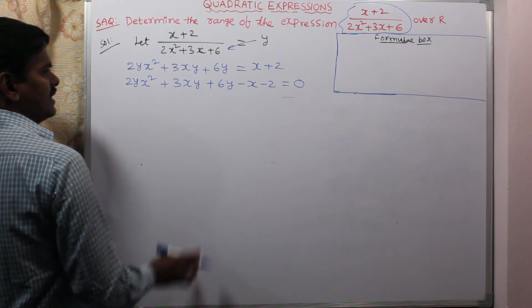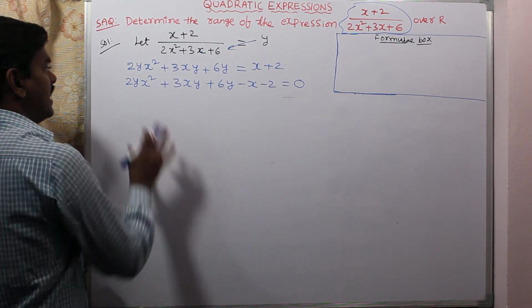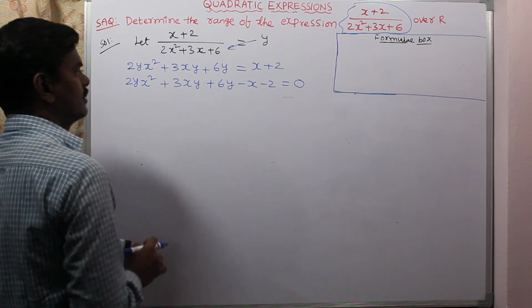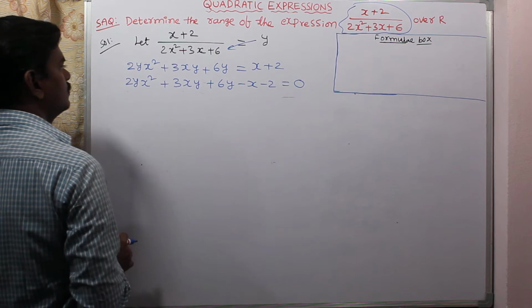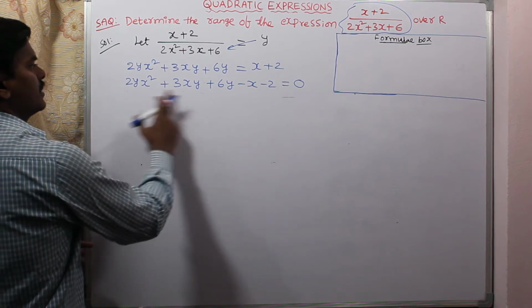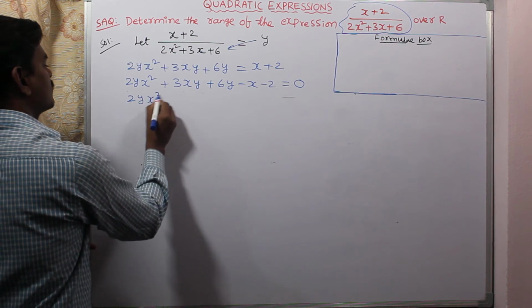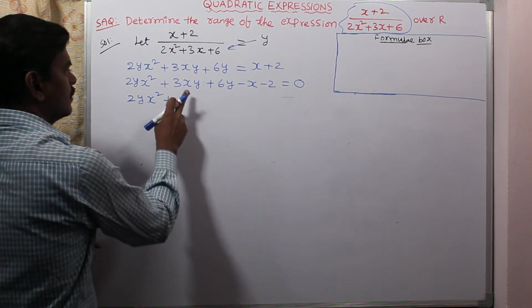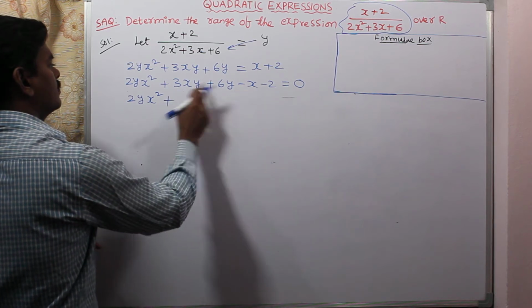Now converting this equation into the standard form of the quadratic equation, ax² + bx + c = 0. For that we have to see the x² terms. How many x² terms do we have? Only one x² term. So write it the same, 2y x², plus we have two terms having x, so we take x common.